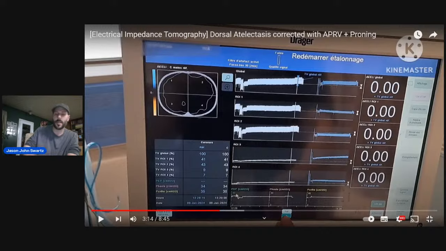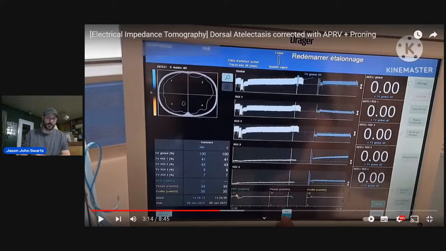It's pretty fast. And it's taking all of these impedance values during the patient's breathing cycles, and it's able to take these measurements and create an image of the distribution of ventilation for us.